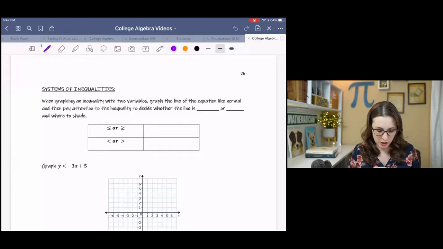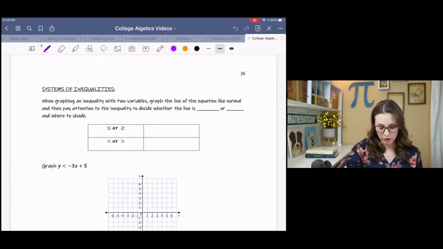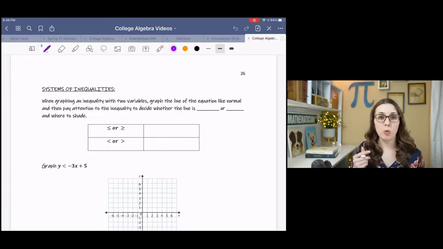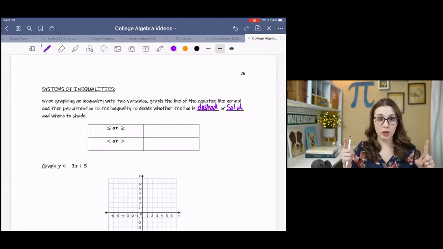So when graphing an inequality with two variables, usually x and y, you graph the line of the equation like normal, and then pay attention to the inequality to decide whether the line is dashed or solid. So in a linear inequality with one variable, we use a number line, and on the number line, we either use a closed circle or an open circle, or we did the bracket or parentheses, depending.